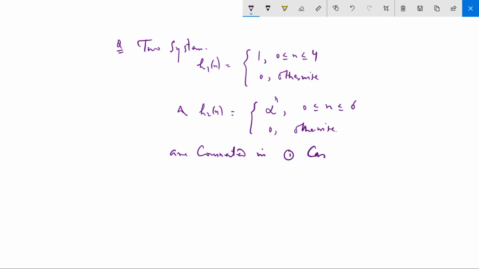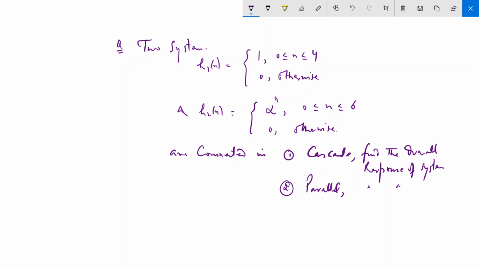First part, they are connected in cascade, so find the overall response of the system. And the second case, if they are connected in parallel, what will be the overall response of the system?